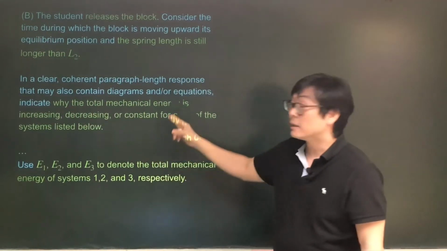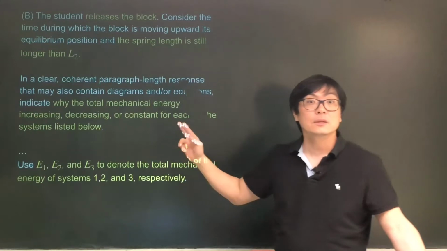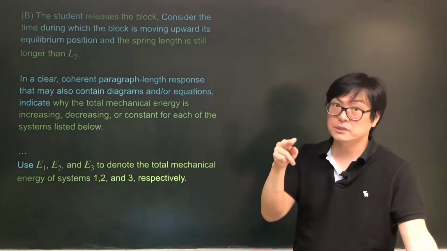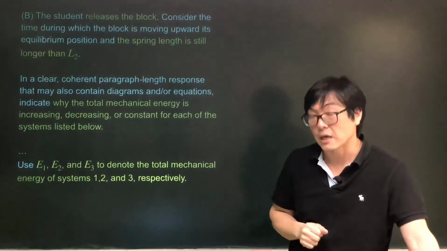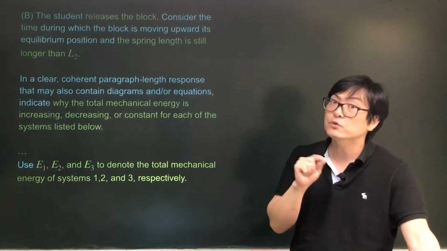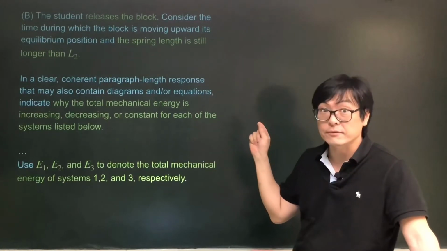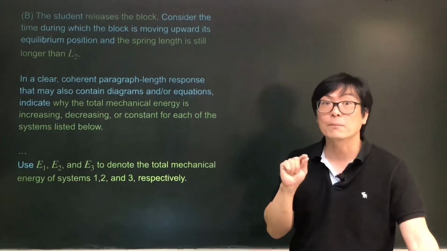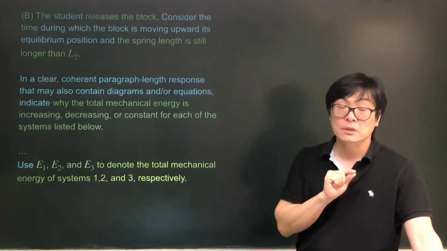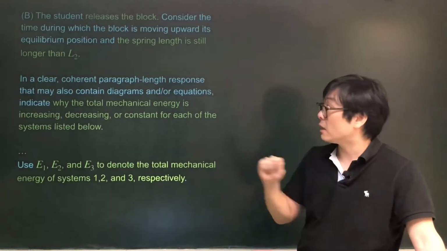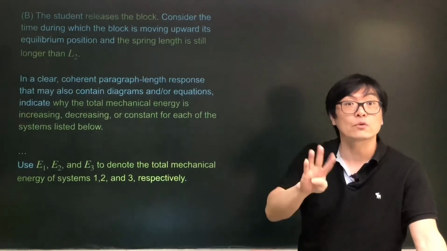Second thing, what is it about? This is about the total mechanical energy, conservation of energy. I'm pretty sure you will have questions asking about these kinds of things, not only for energy, but the law of conservation in general, like energy or momentum or angular momentum.